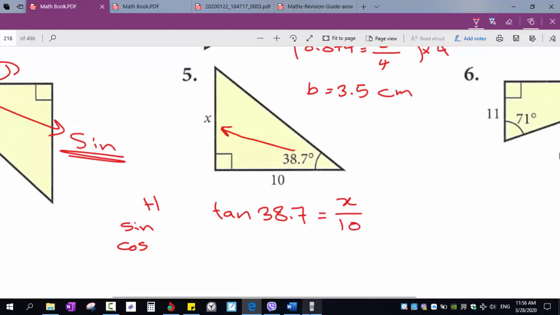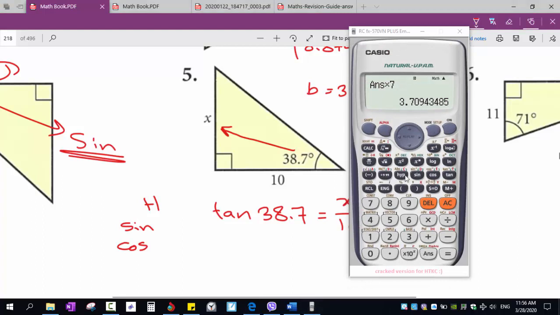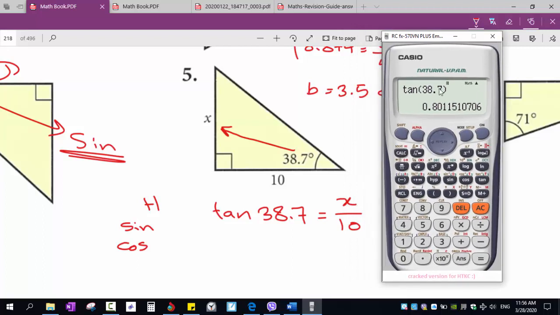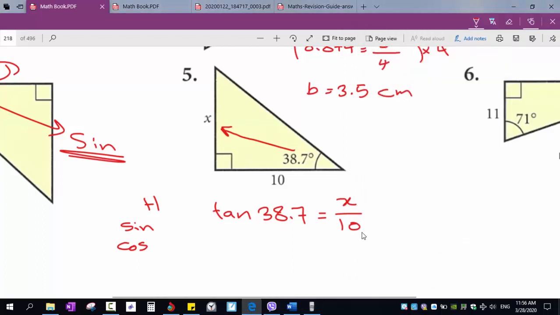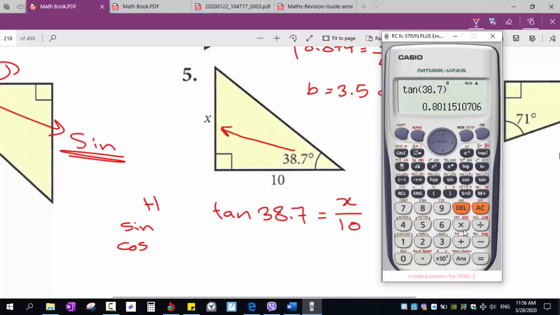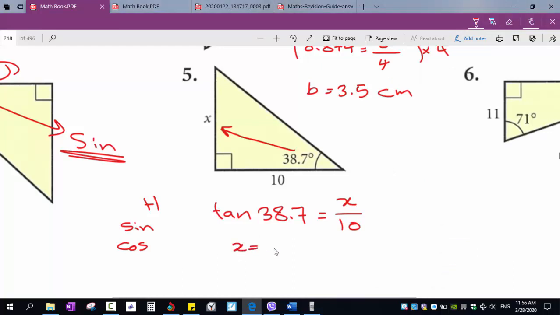Now, with calculator, tan of 38.7 is equal to 0.8011, then we need to get rid of this 10, multiply this result by 10. That gives 8.01. To three significant figures, it stays as 8.01. So x is 8.01 centimeters.